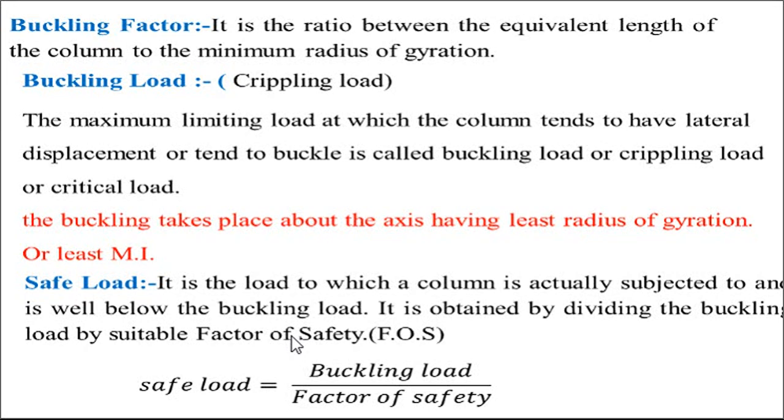And also a sufficient factor of safety you have to take for determination of the safe load. The safe load is determined by taking the ratio of buckling load to the factor of safety. So this formula is important for determining the safe load: buckling load divided by the factor of safety, right?